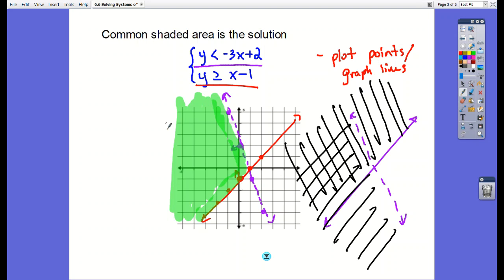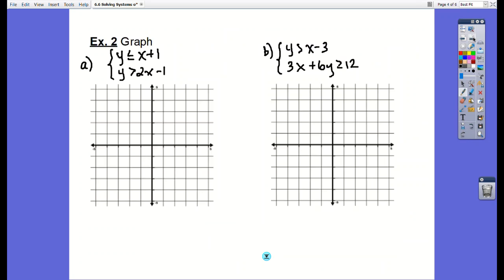The best way is definitely to only shade your solution area. That's the cleanest graph. But if it's easier with a pencil, it's probably easiest to lightly shade everything that's true and then make a nice dark area where they overlap. So if it's on a test, the only thing we do need to shade is what you shade in green. Yes. Okay. All right, so then let's just get to work.